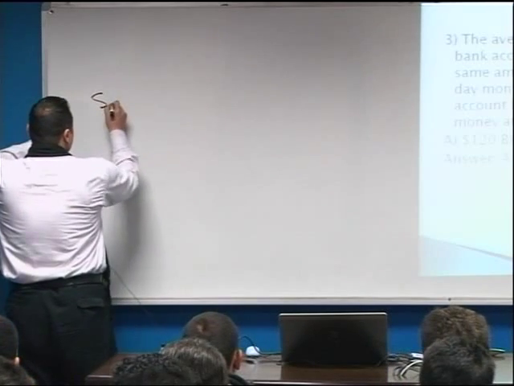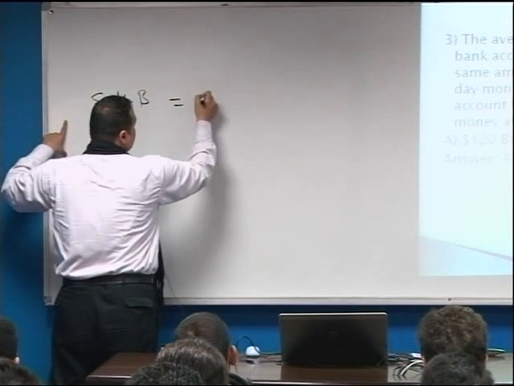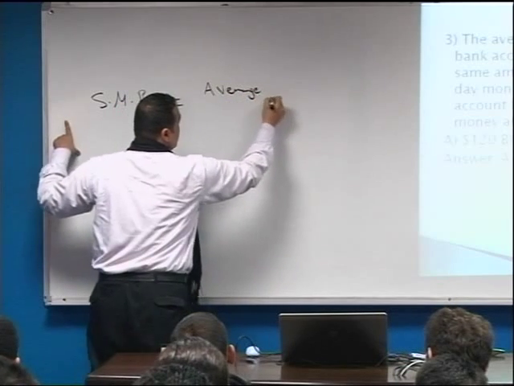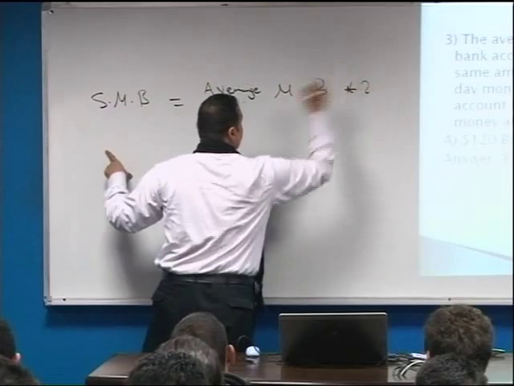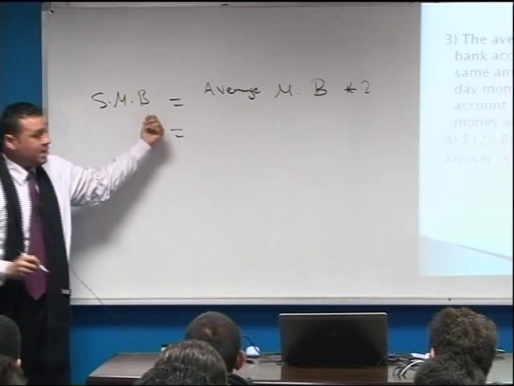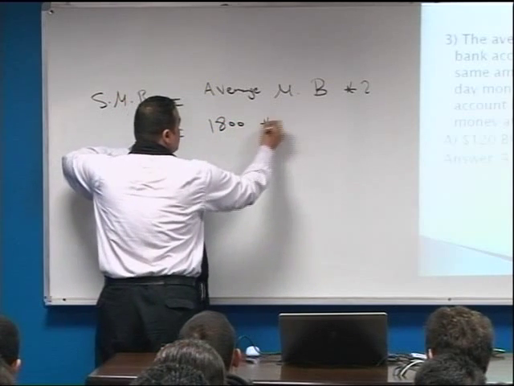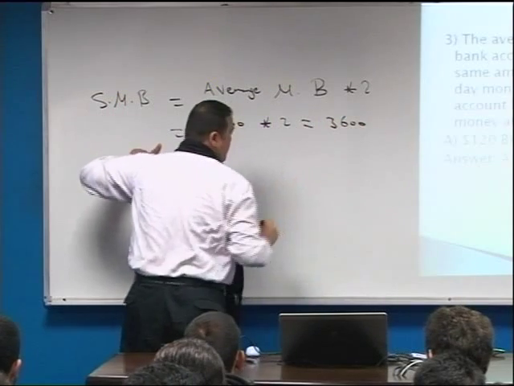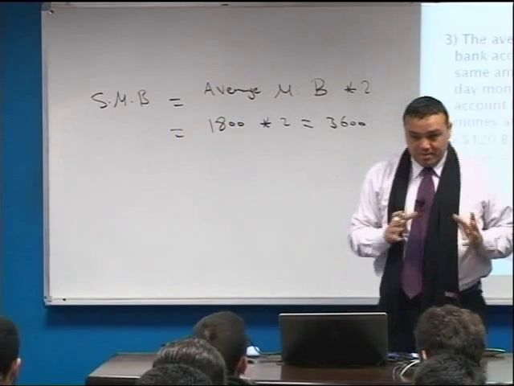The starting monthly balance or salary equals the average monthly balance times 2, right? So the starting monthly salary equals $1,800 times 2 equals $3,600, right? This is the starting monthly salary or balance.